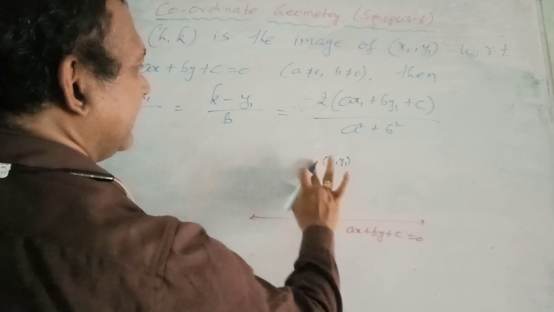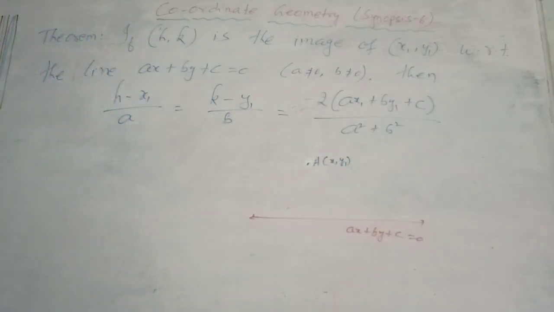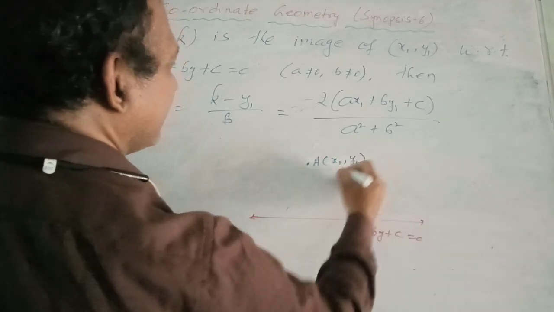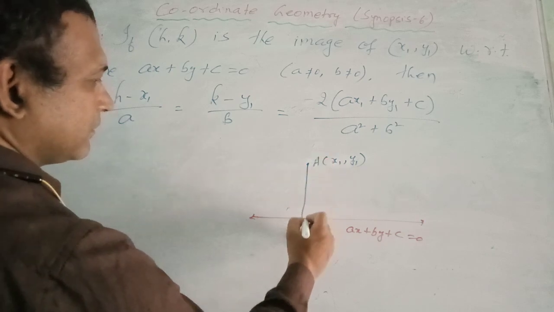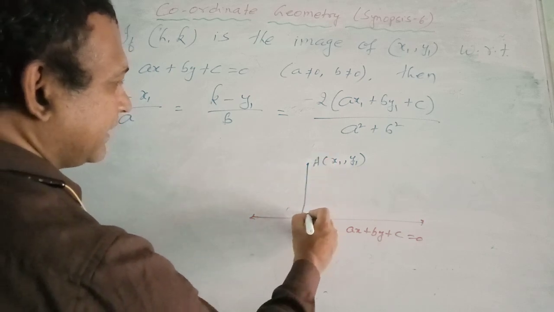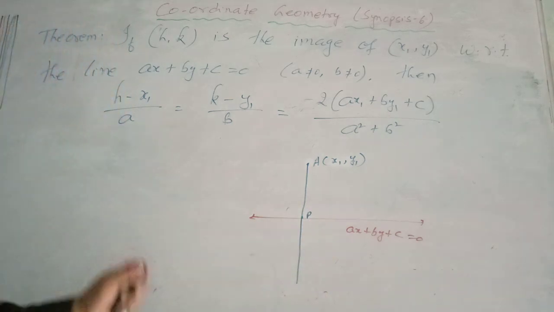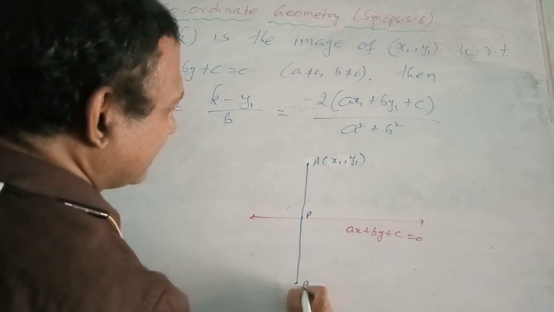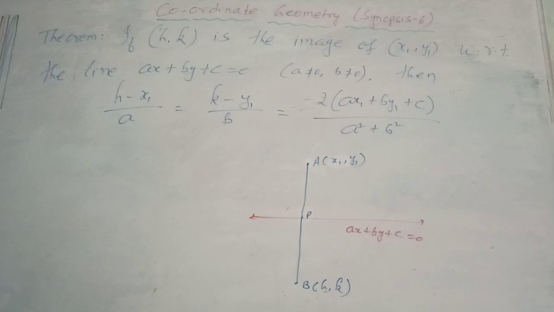Now I will draw the perpendicular on this line, and this point is P. Again I'll get the image. Our purpose is to get this image. We don't know it, so let's keep it as (h, k).